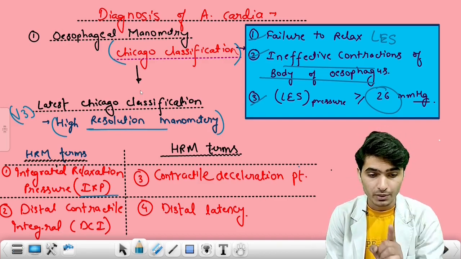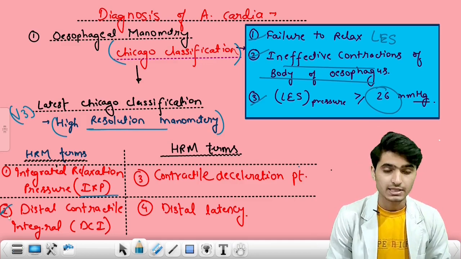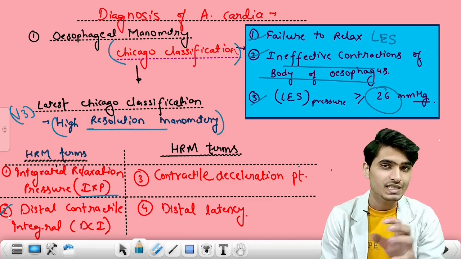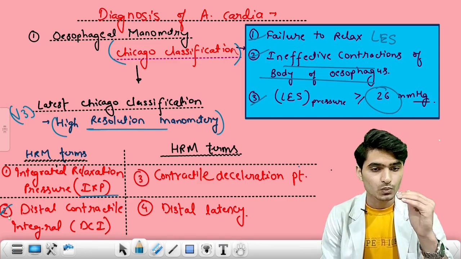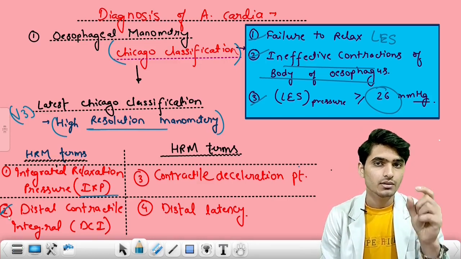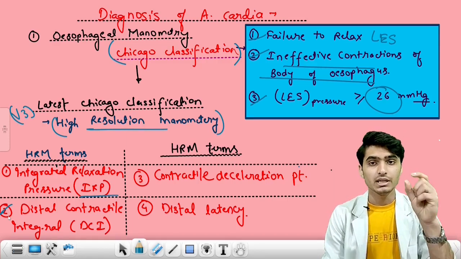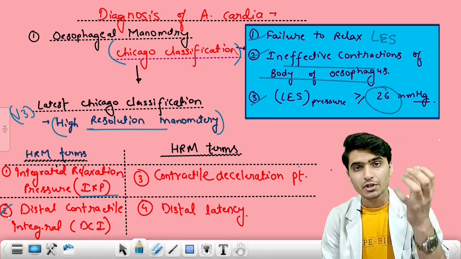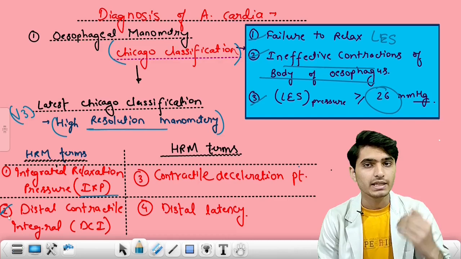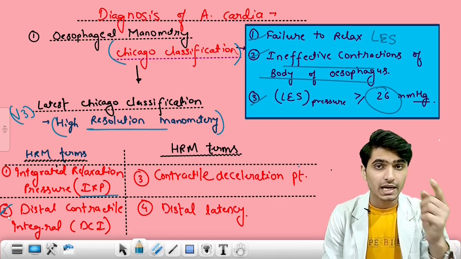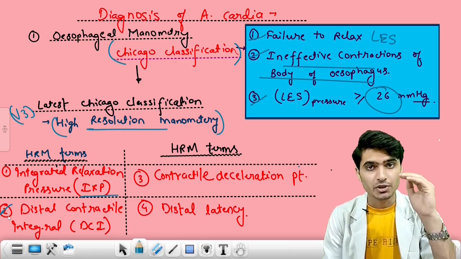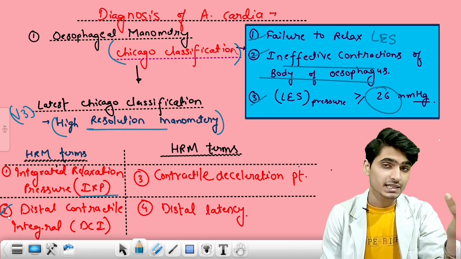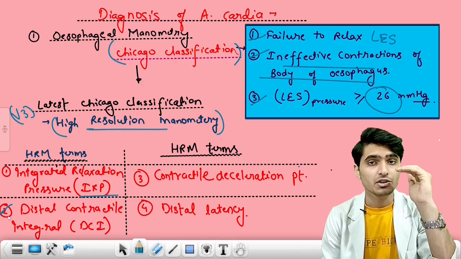Done. Followed by the second term, that is the DCI, the distal contractile integral. We have discussed a point of transition between the upper part, that is the skeletal muscles of the esophagus, and the distal part, that is the smooth muscles of the esophagus. Between these two, we have a transition zone.